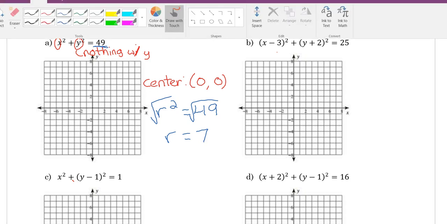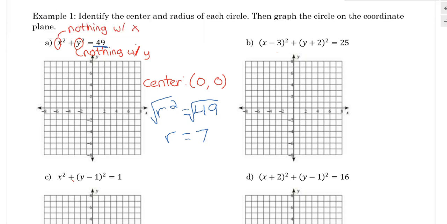So I'm going to draw the circle. I'm going to start at my center. My center is at (0, 0). Then, in order to draw my circle, I'm going to go 7 in each direction. Starting at 0, I'm going to go 7 out this way, 7 out this way, 7 out this way, 7 down.